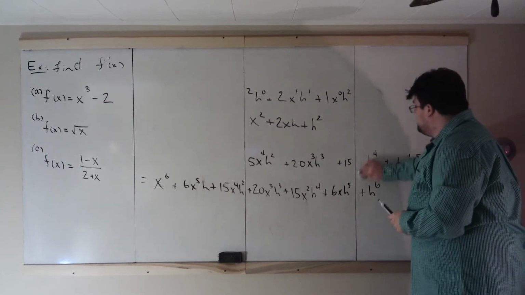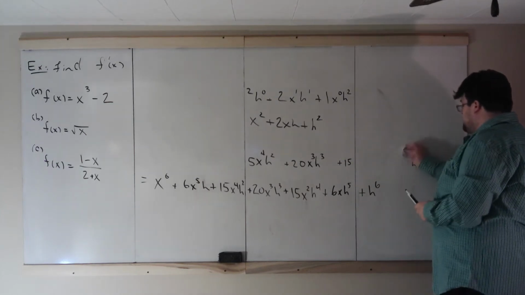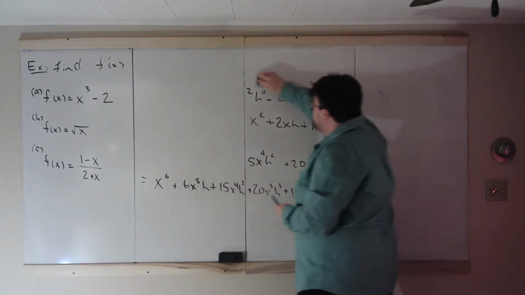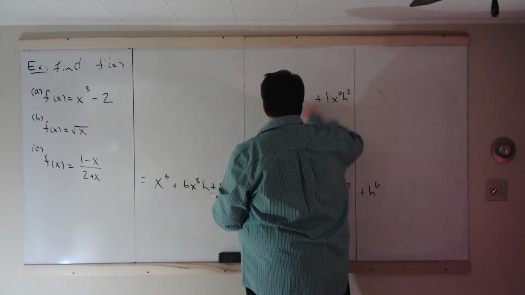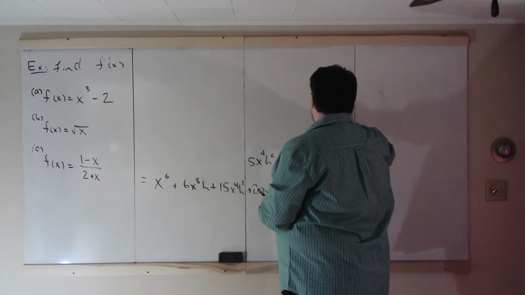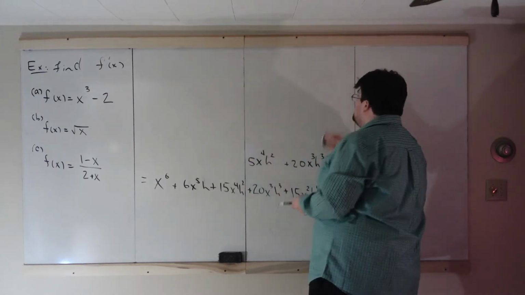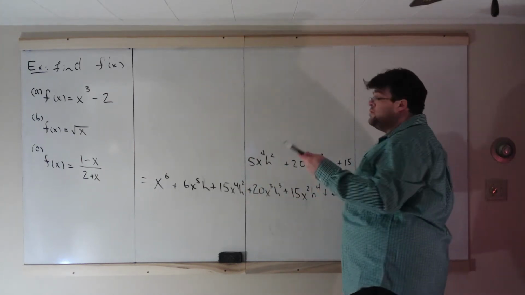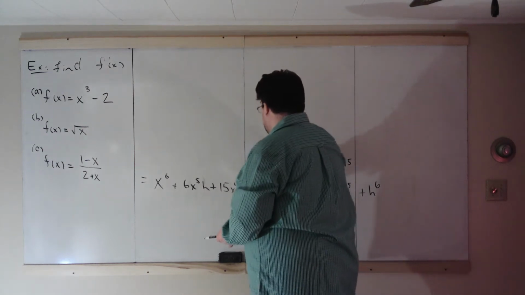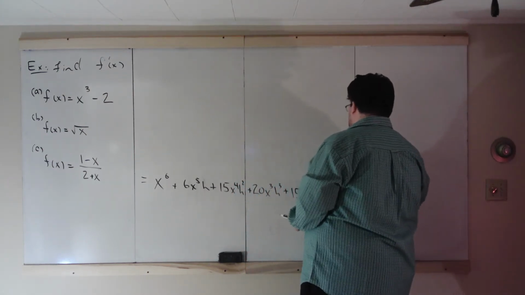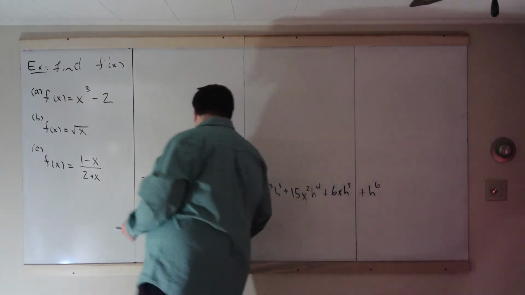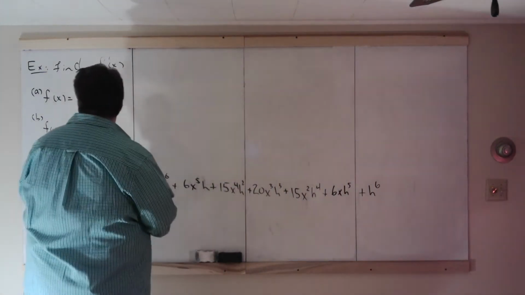But in calculus, it shows up just for these, so it won't be tested. Limits with x cubed, the derivative of x cubed with the definition, could be tested. But if you don't want to use Pascal's triangle, you can just multiply x plus h by x plus h by x plus h and simplify.